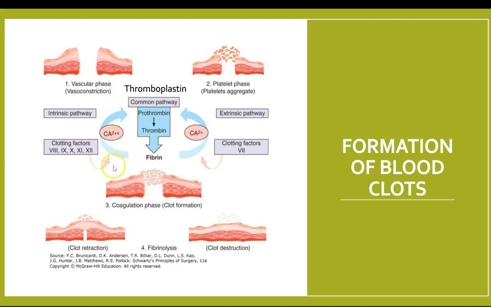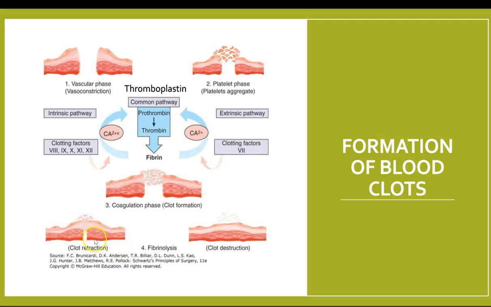This cycle is going to continue until we have a clot completely formed. Once the clot is completely formed, the clot is going to retract, so it's going to pull the vessel edges together.